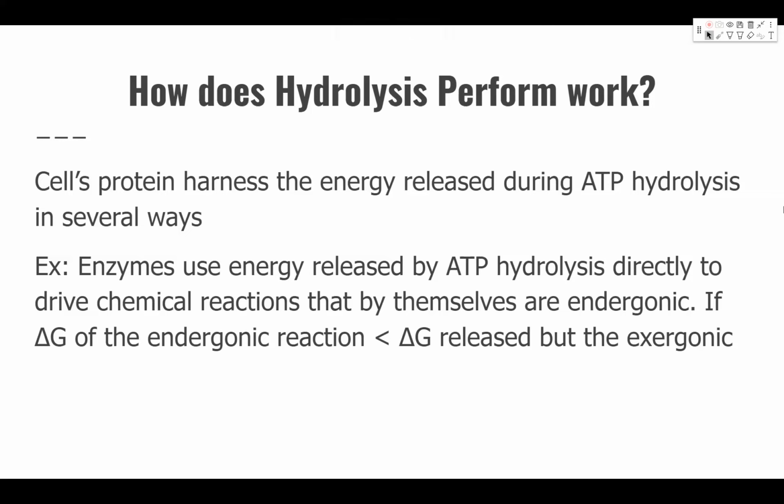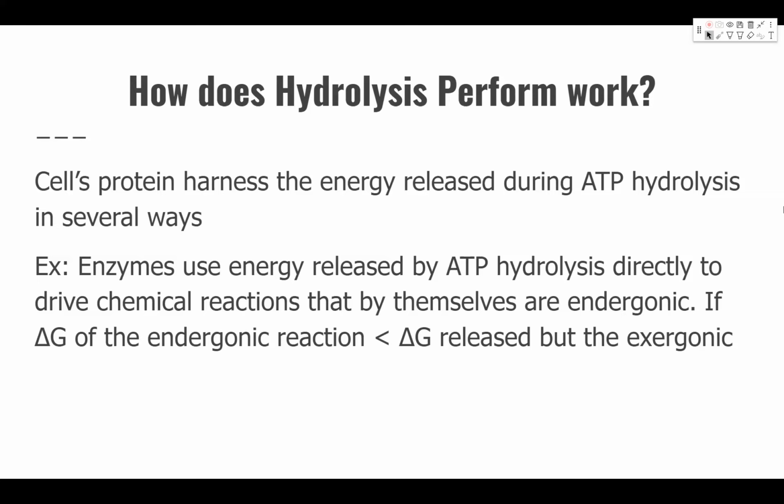So, if we have a reaction that has a positive delta G of 4, right? If we need 4 kilocalories of energy to get that reaction started, and we couple it with this hydrolysis of ATP that releases 7.3 kilocalories, we can do that because that 7.3 is enough to cover that 4.